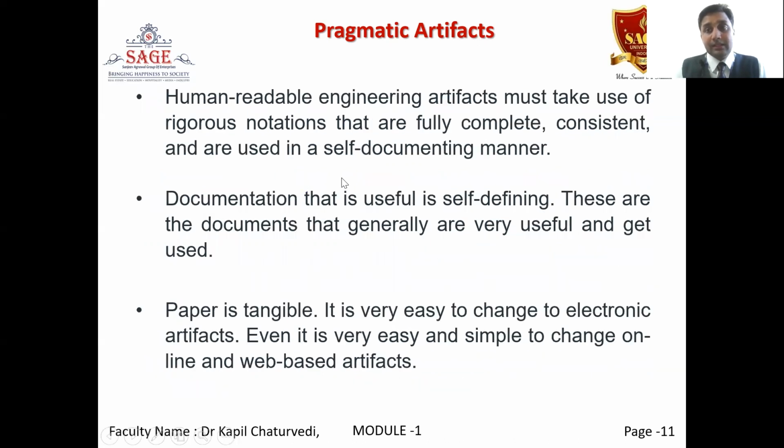Now, some more things related to that. Human-readable engineering artifacts must use rigorous notation that is fully complete, consistent, and used in a self-documenting manner. Documentation that is useful is self-defining. These are the documents that generally are very useful and get used. So that means all the documents should be complete and consistent.